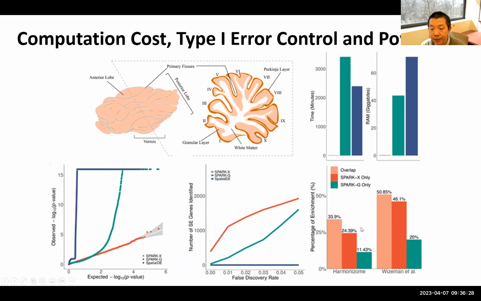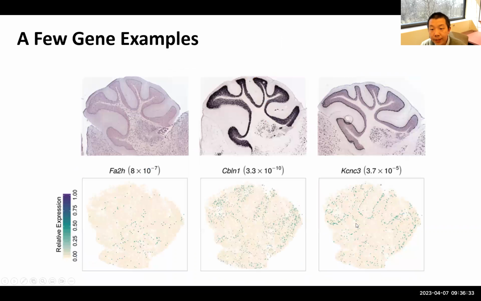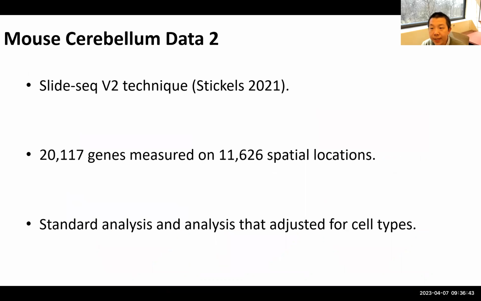And we can do all those standard overlap analyses as well. So here are some examples. You can clearly see the spatial expression patterns, and they seem to mark particular cell types. When we saw that, it gave us some thoughts: what are those spatially expressed genes, and why do genes show spatial expression patterns?